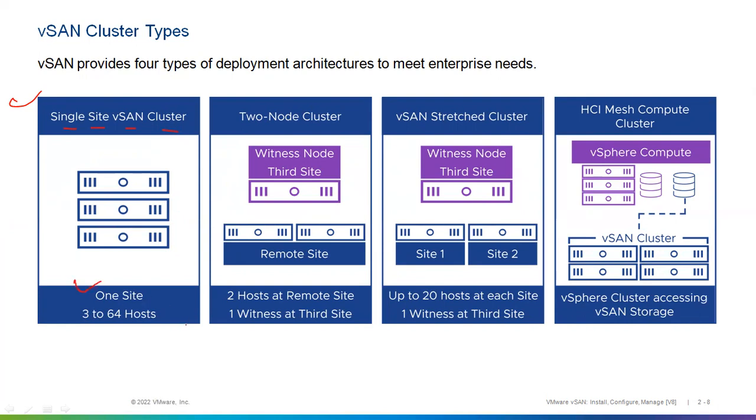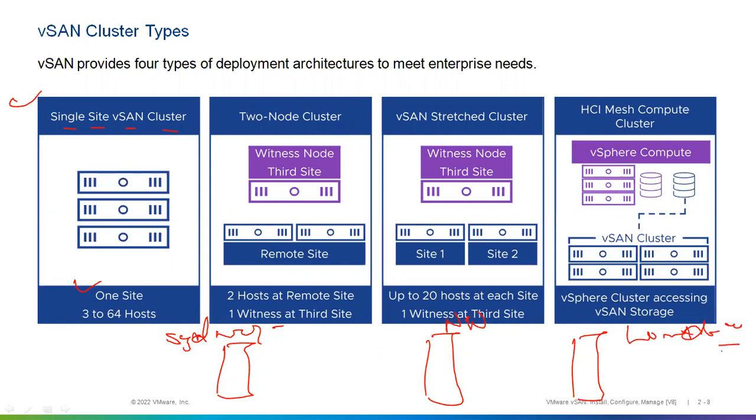For example, a customer has multiple sites, maybe one in Sydney, maybe another in the US somewhere, maybe another in the Europe region. So he could have a data center in Sydney, New York, or maybe London.